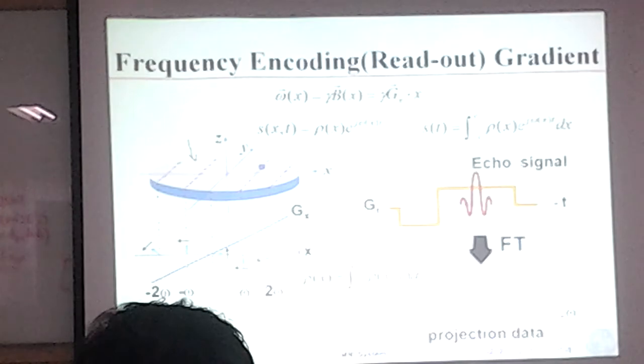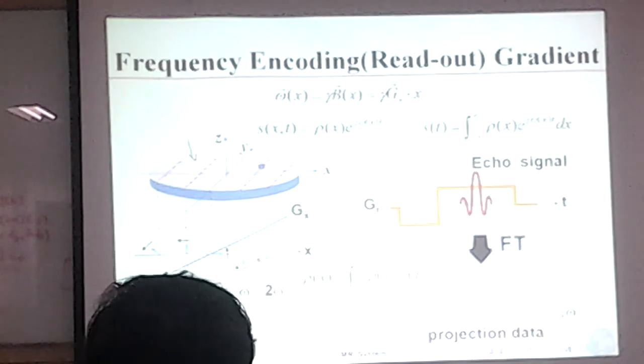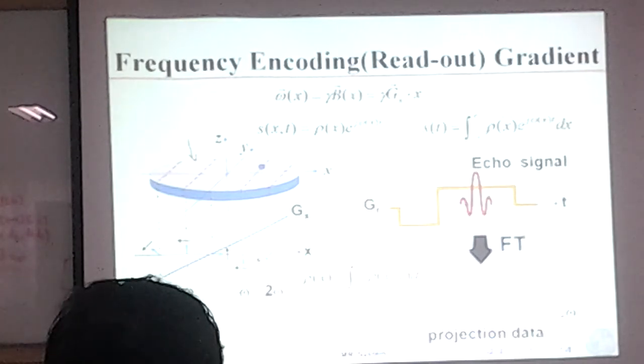For a large area of compensation gradient, the echo signal is generated at a later time. So we can control the position of the echo signals. And here, this equation shows the same equation as I explained before.